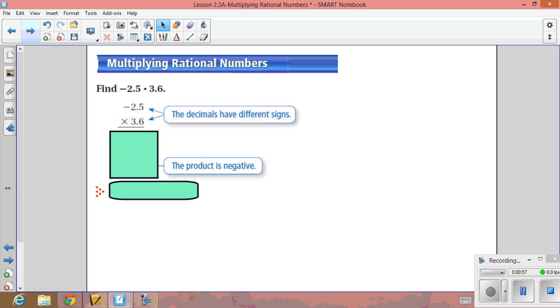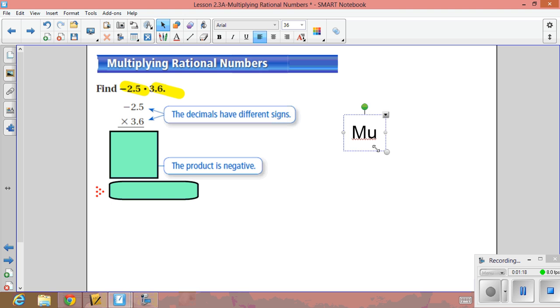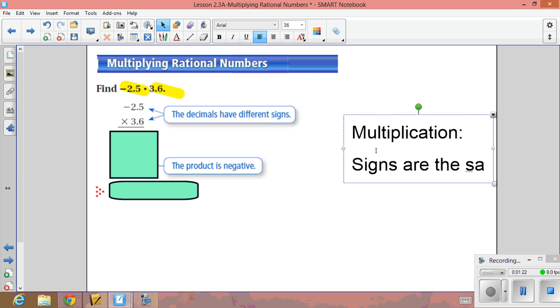and what I'd like to point out to you right before we begin, if you take a look at the two signs, I have one sign that is negative, and I have one sign that is positive. So if you go back to your integer rules, when your signs in multiplication are the same, your answer is what?